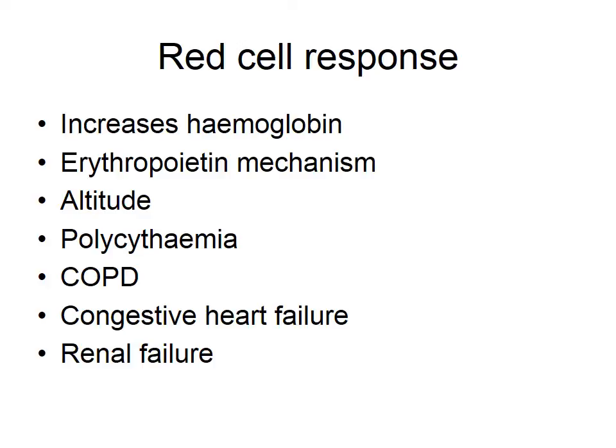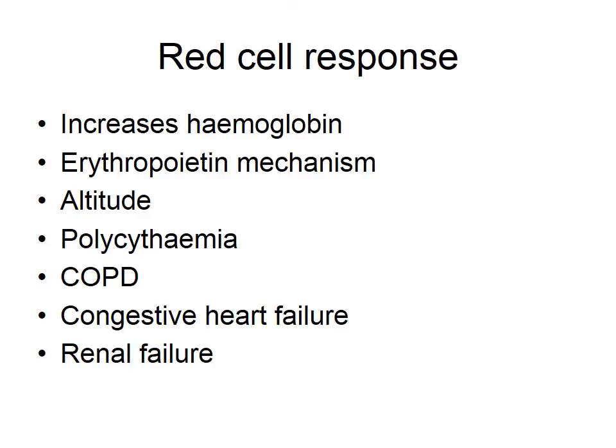Now, if the number of red cells in the blood in the systemic circulation is increased, this will increase the oxygen carrying capacity of the blood. And this in turn will result in increased levels of oxygen in the blood perfusing the kidneys. And when the levels of oxygen in the renal blood supply are increased, this will again be detected, and the kidneys will respond by secreting less erythropoietin.